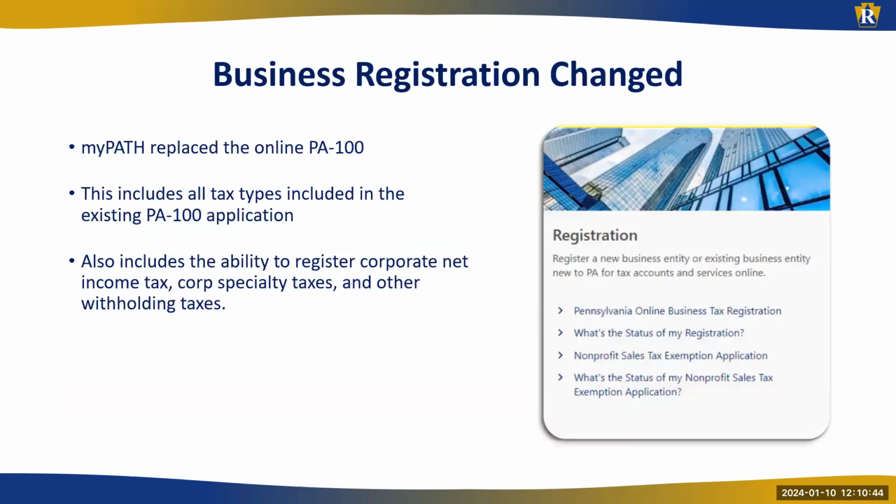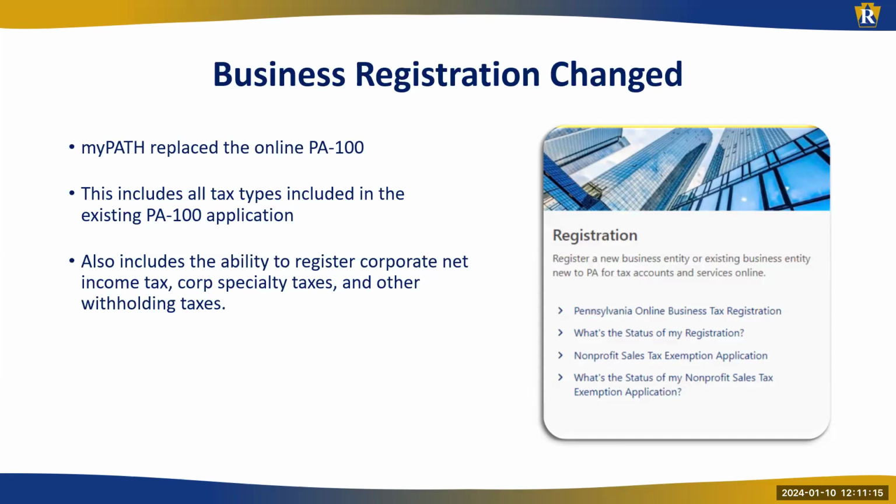All right, so business registration has changed as well. myPATH also replaced the previous online PA-100, meaning Pennsylvania businesses that need to register for their business tax accounts have a new online system to complete the process. The new myPATH registration includes registration for all tax types that were included in the previous PA-100 application.